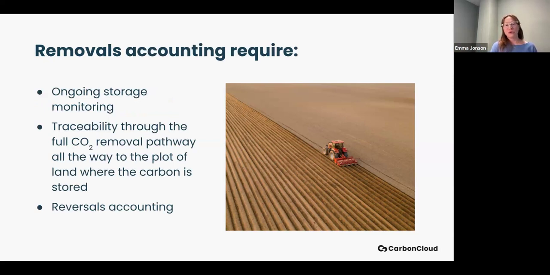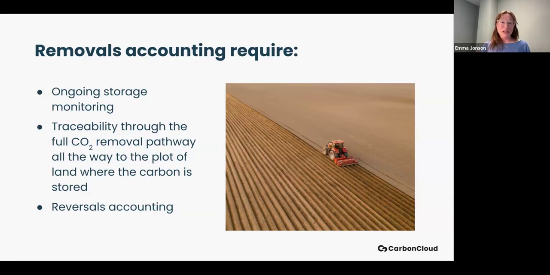So the difficulty when accounting for removals is that there are quite high requirements if you want to claim removals in your value chain. First of all, I can mention also that accounting for removals is voluntary. So it's always mostly conservative to say that you don't have any removals.